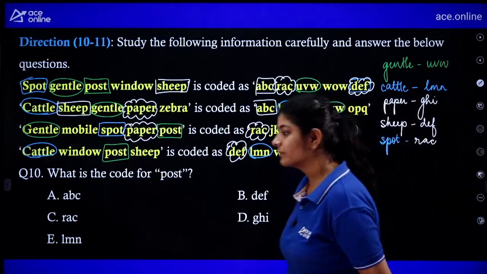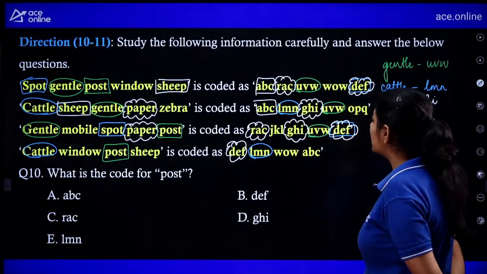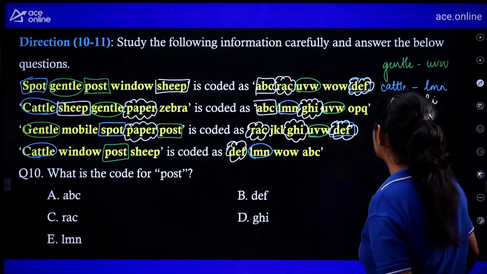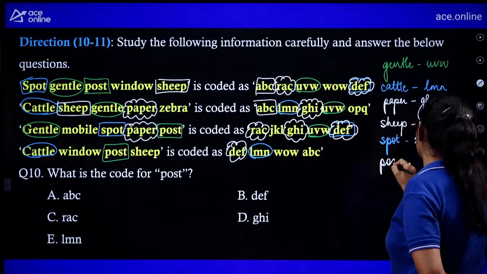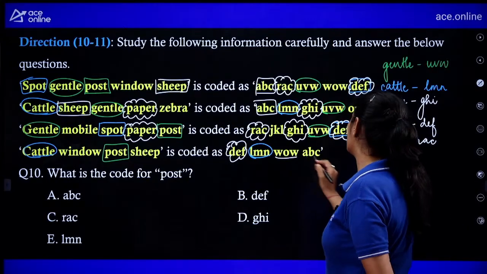Next. Right? Okay. So the next code that we are searching is for post. Post, we are having wo.